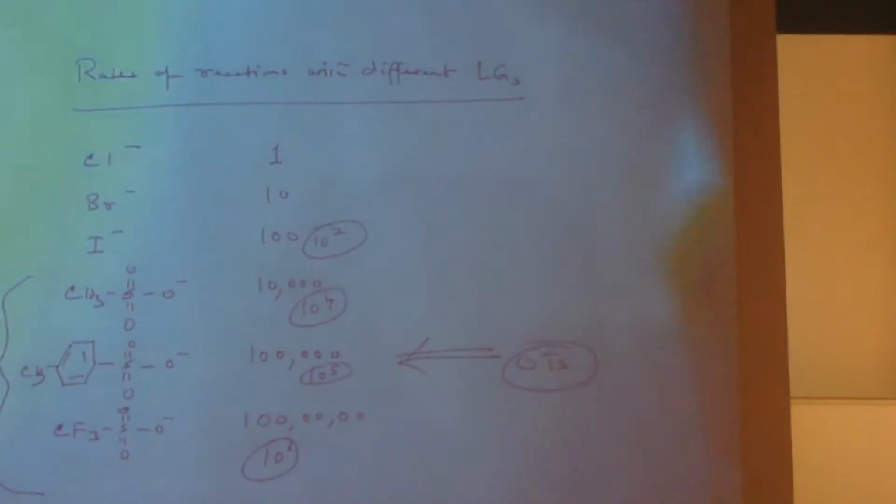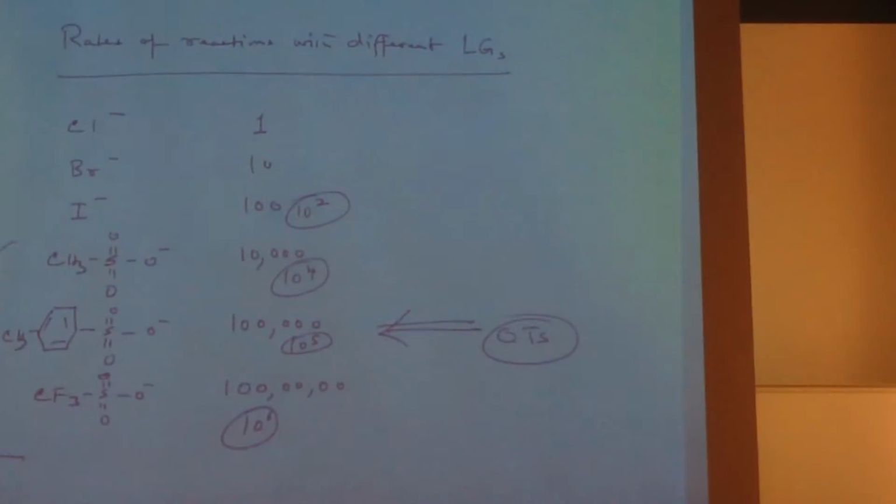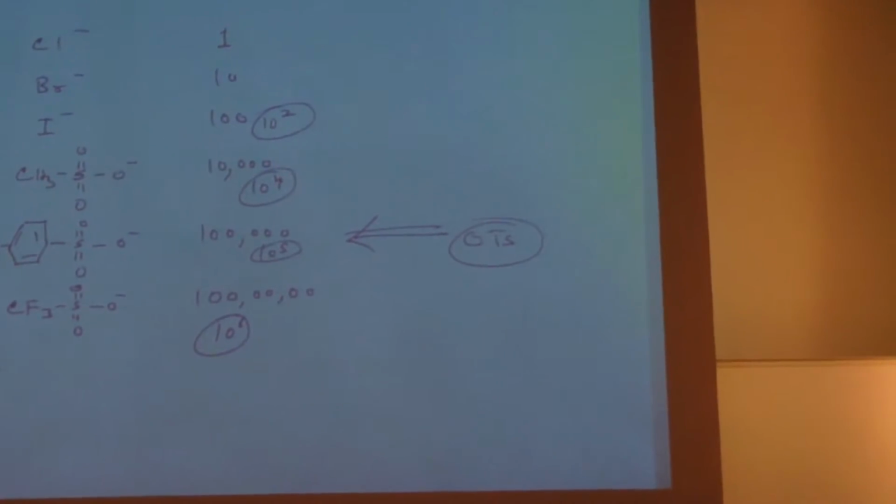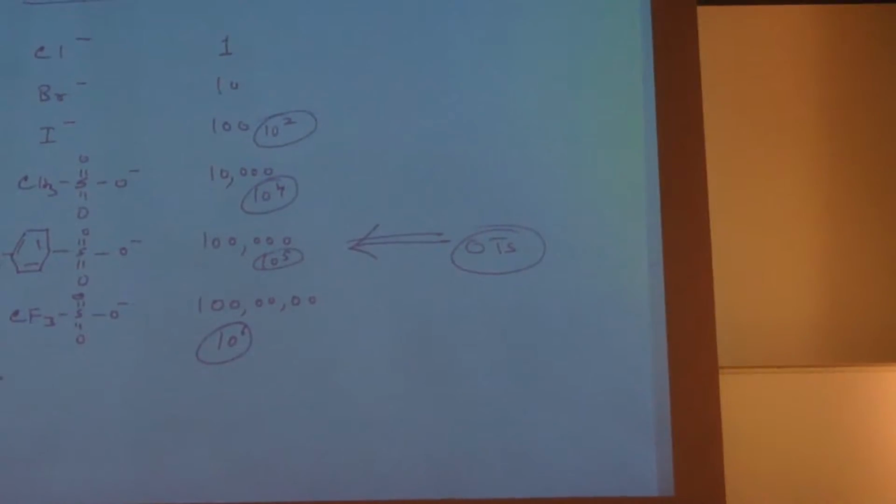And another advantage of using the tosylate or one of the sulfonyl chloride leaving groups is that they maintain the stereochemistry of the way the OH is added.